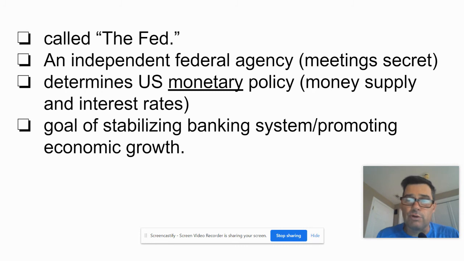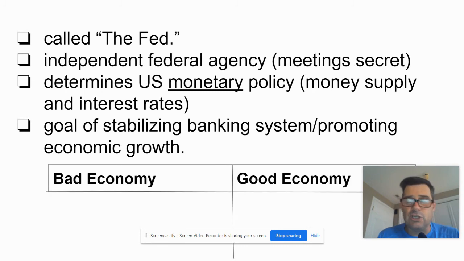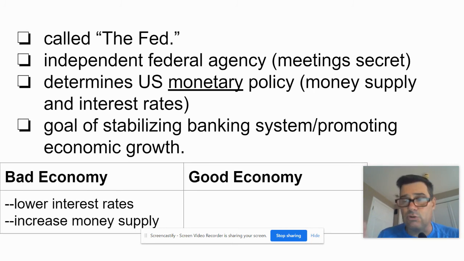In fact, let's look really quickly at the bottom of your card. Make a little T-chart and put bad economy, good economy. What will the Federal Reserve do in a bad economy? In a bad economy, it's going to do two primary things. The Federal Reserve will lower interest rates because that encourages you and me, or a business, to borrow money, and that would spur economic growth.